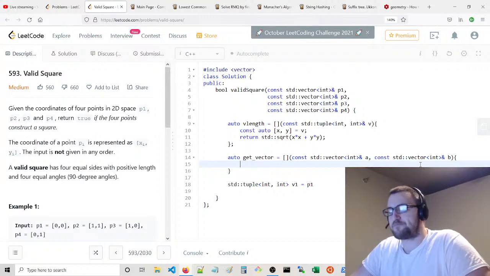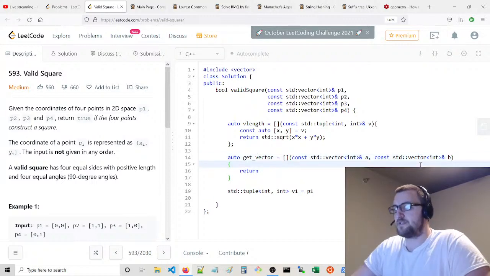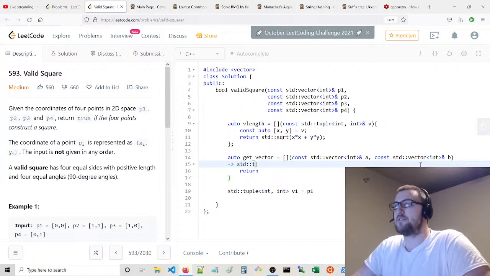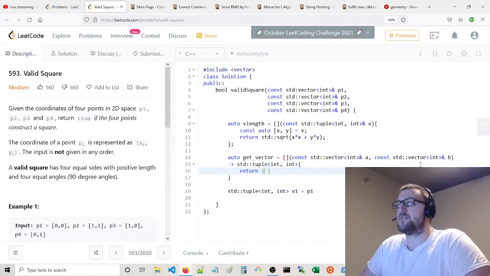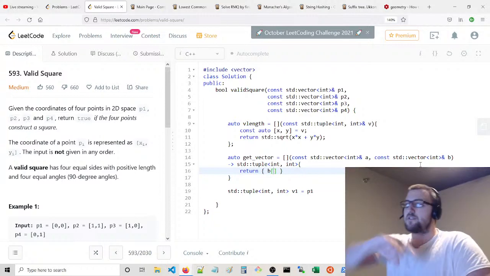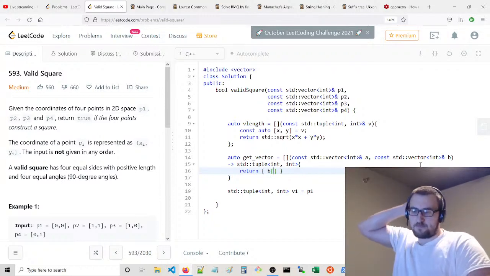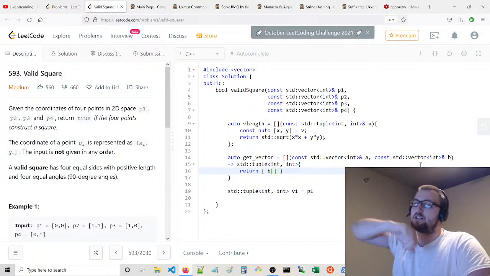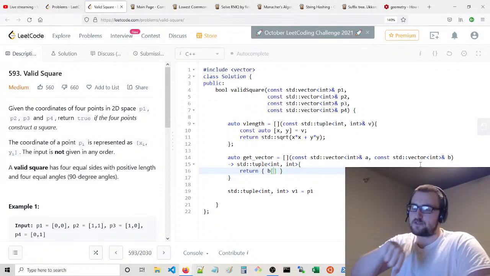We're going to return x and y. So we're going from a to b, which means the one you're going towards, you take those values as positive, and then you subtract the ones you're coming from.